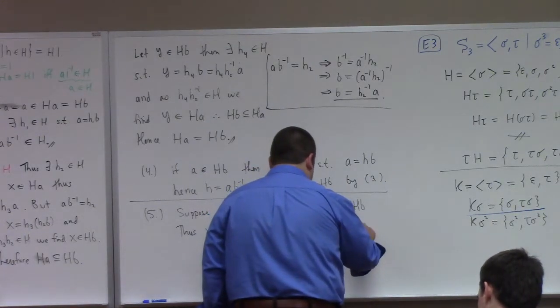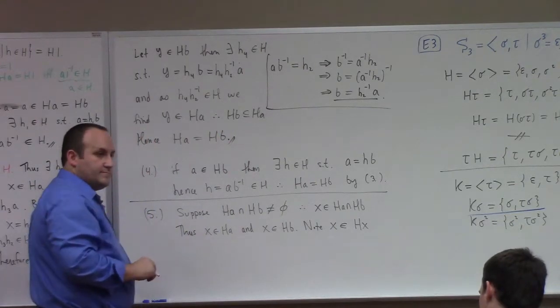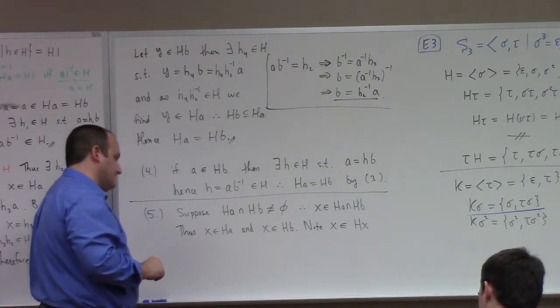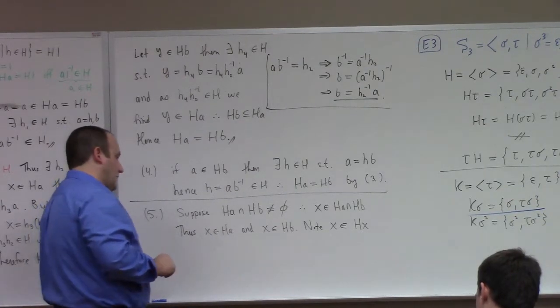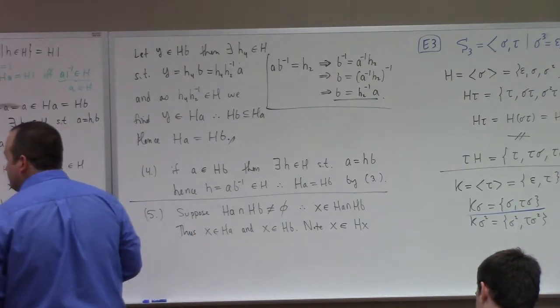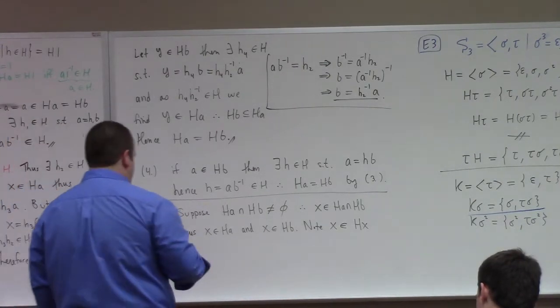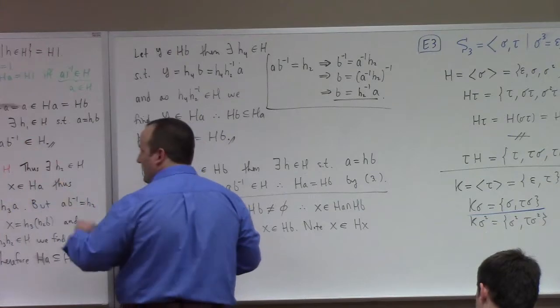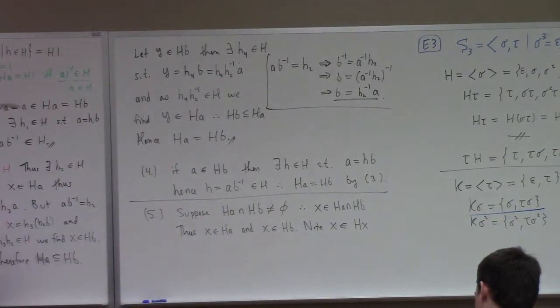X is an element of HX, right? And what did we have before? So we get what? By 4, right? Wait a minute. I forget which one I'm using. I'm an idiot. Well, anyway.